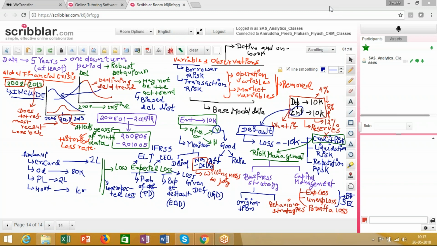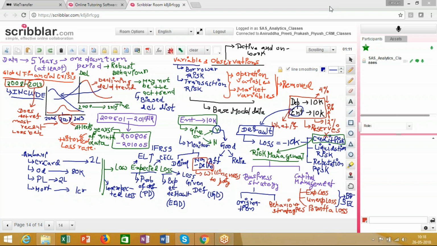That is the reason why capital is taken. Pricing cannot absorb the entire risk, because then the price would be exorbitantly high, and for exorbitantly high prices, the good borrowers may move out of the lending cycle, and only bad borrowers come in, who take the loan and may go into default. So I cannot make the prices exorbitantly high.